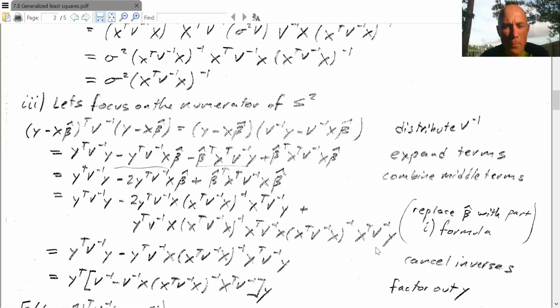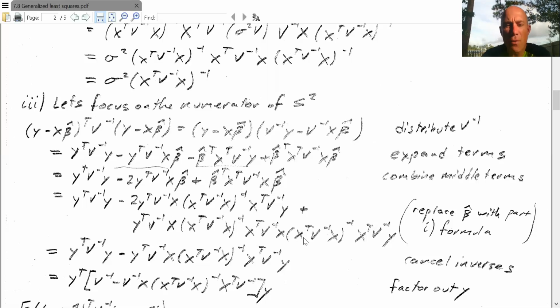Okay, so now I look at this and I notice I've got a bunch of stuff that cancels. These two cancel out, for example, and then something else cancels out after that, I believe. Oh, okay, yeah, so these two cancel out.